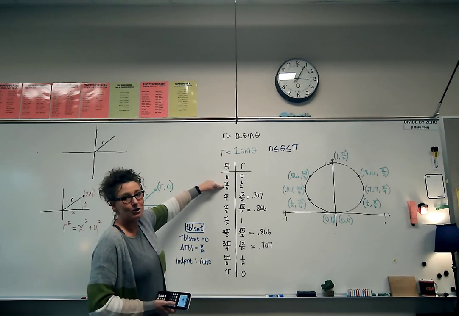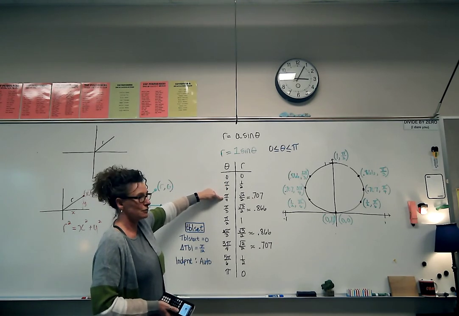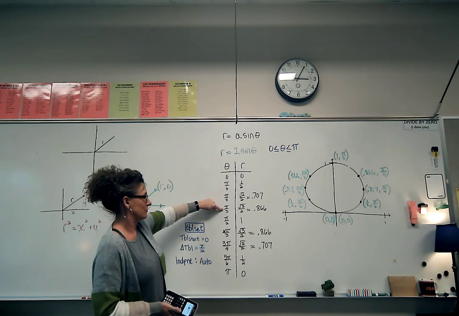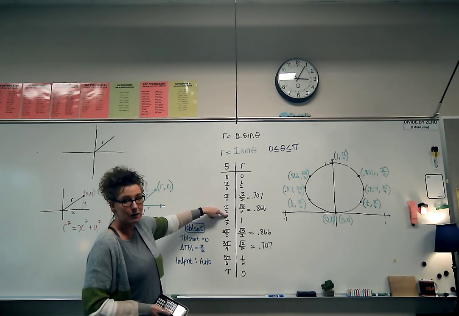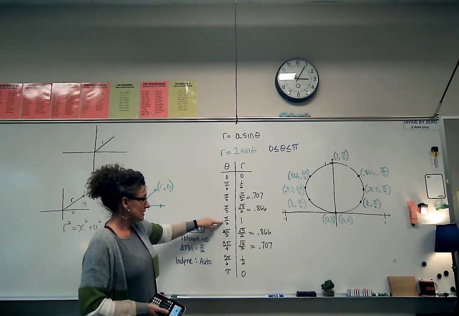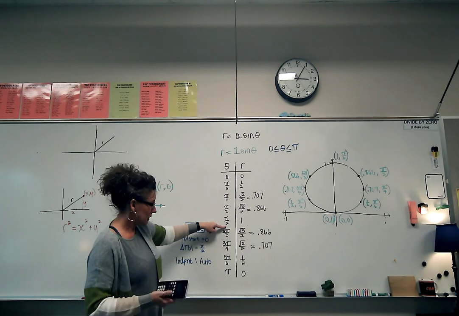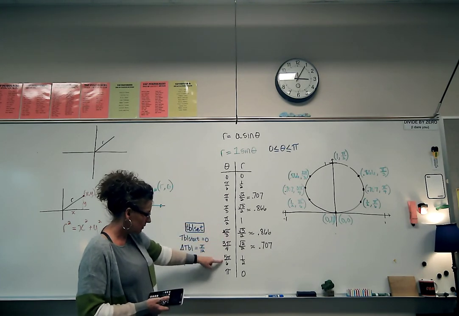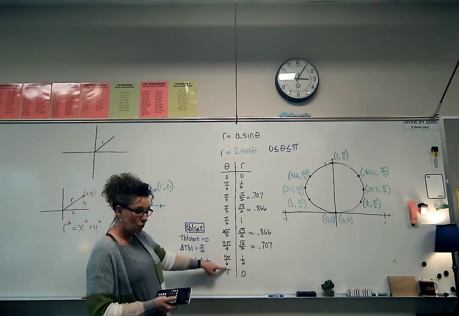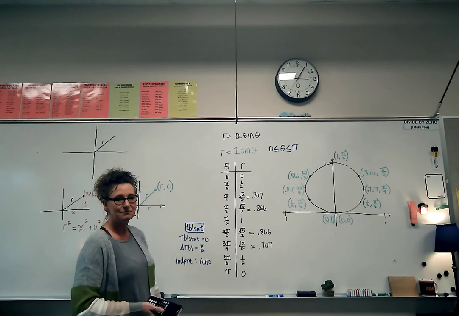I did want to look at 2 pi over 12 and 3 pi over 12 and 4 pi over 12. I did not want to look at 5 pi over 12, so I left it out. 6 pi over 12, I wanted that one. I wrote it down. 7 pi over 12, I skipped it. 8 pi over 12, 9 pi over 12, 10 pi over 12, 11 pi over 12 I ignored, and 12 pi over 12, I wrote that one down.